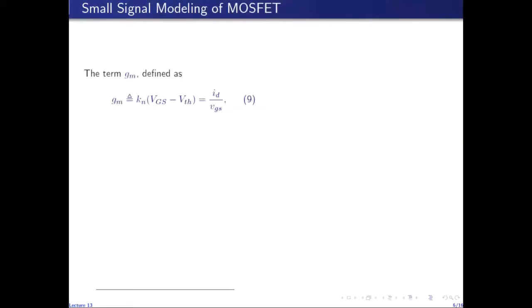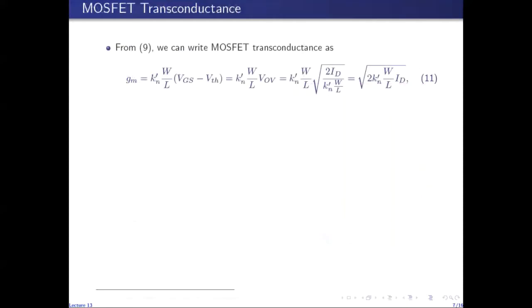So we can rearrange this term and replace VOV with the square root of 2 times ID over Kn prime W/L, and then simplify to get this expression. So this expression relates GM with the MOSFET transconductance parameter and the drain current.